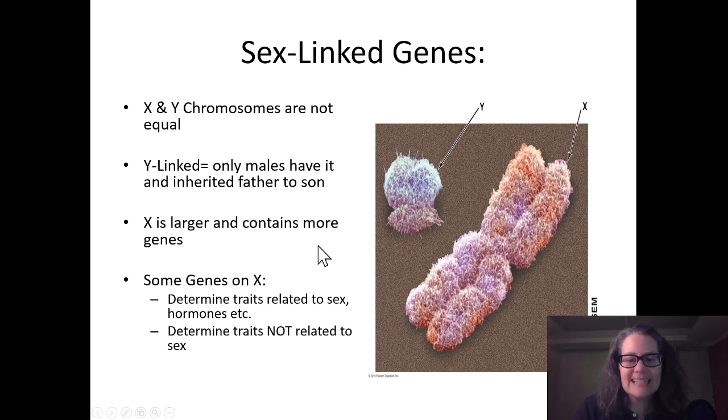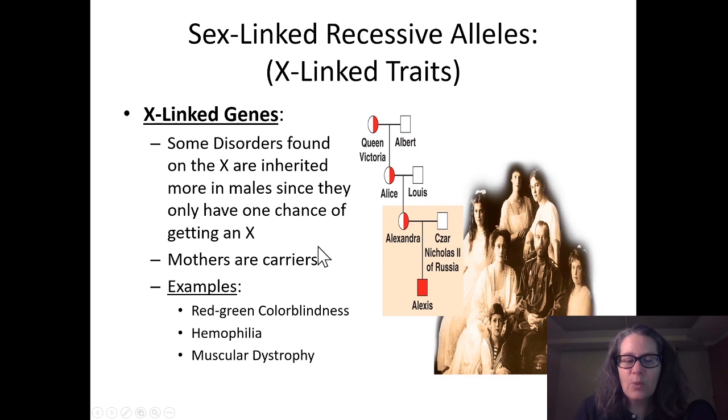So how do sex-linked traits work? Well, if you have a Y-linked trait, you're always going to inherit that as a male, and that will be passed from fathers to sons. But for an X-linked trait, it's interesting that X-linked disorders are inherited more frequently in males than in females, because males only have one chance to get that X right, or one chance to not get a mutation.